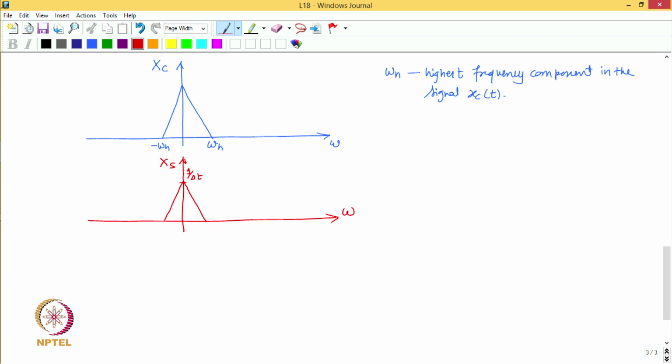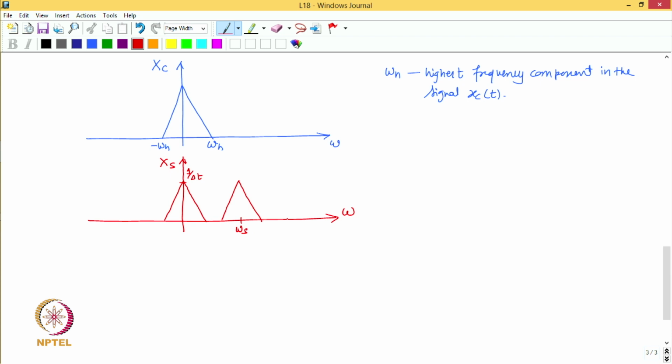Then we have the term X_c(omega minus omega_s), which means that X_c(omega) is shifted by frequency omega_s, so it appears centered at omega_s.